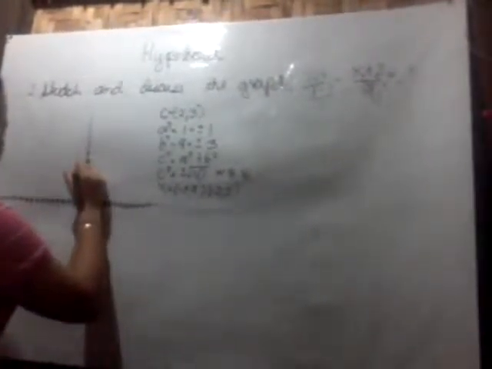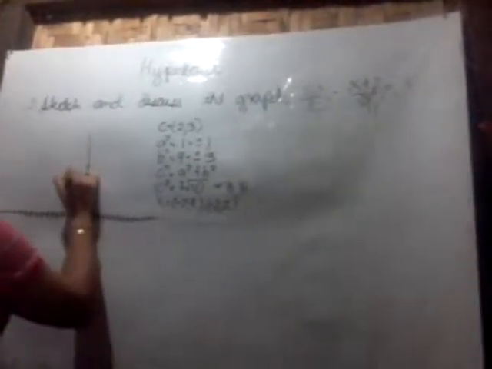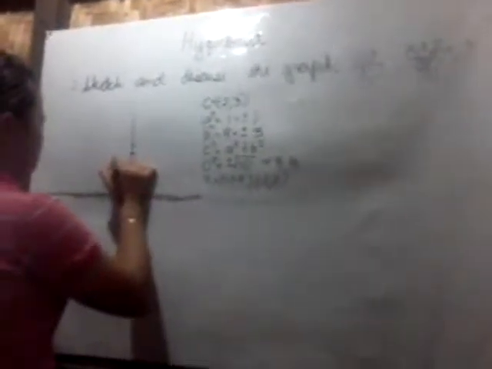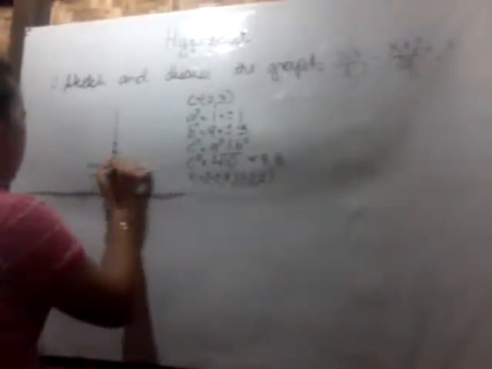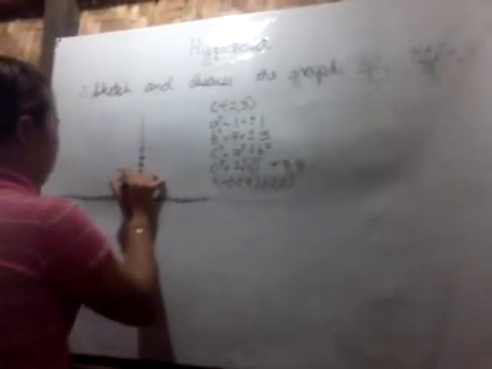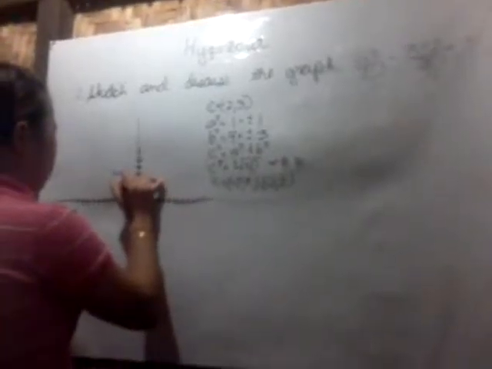So there, the center is here, the vertices are here. 3, 1, negative 2 and 4. Center is negative 2 and 3. P2 is negative 2 and 2.